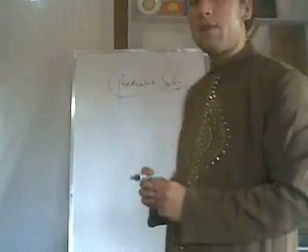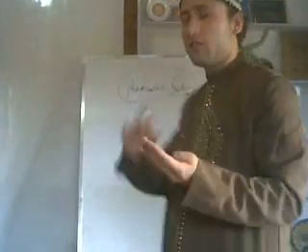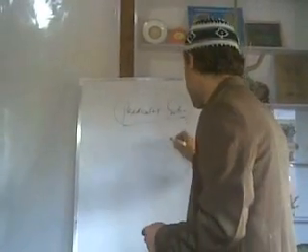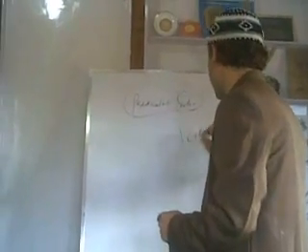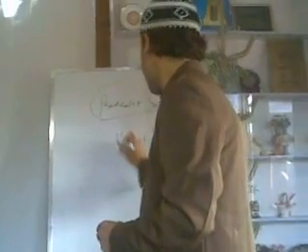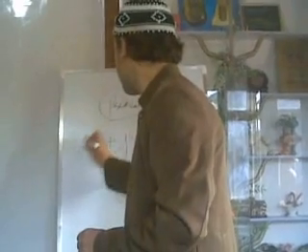When we are talking about Al-Jumlatul Fa'liya, we say that the structure of the sentence in Arabic is: first we bring the verb usually, and then we bring the fa'il, and then we bring the maf'ul. So this is the structure of the verbal sentence in the Arabic language.